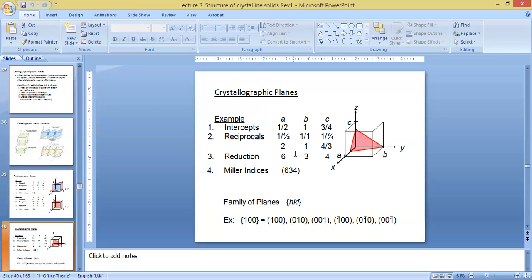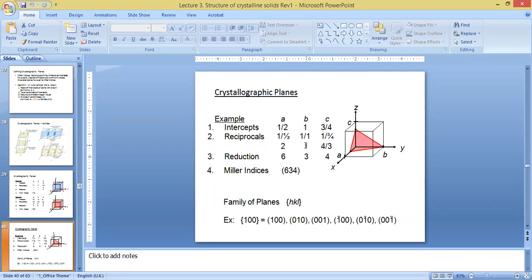So now in terms of Miller indices, how do you convert these intercepts? Same formula, get the inverses. 1 over half, 1 over 1, 1 over 3 over 4. When you do that division, what do you get? You have 2, you have 1, and 4 over 3.